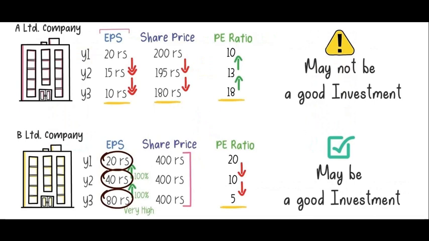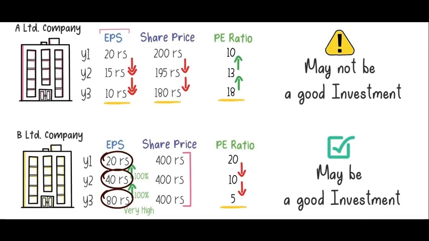Let us understand the PE ratio with a standard example. There is a company limited, and for that company, the EPS, share prices and PE ratio for the first year, second year and third year are given. The EPS goes on decreasing.